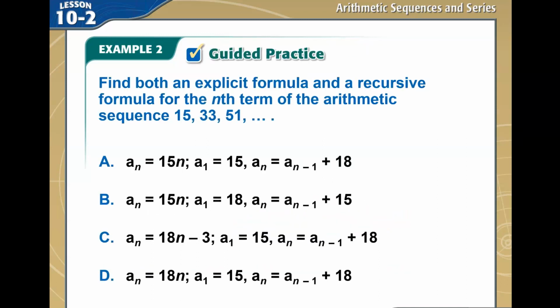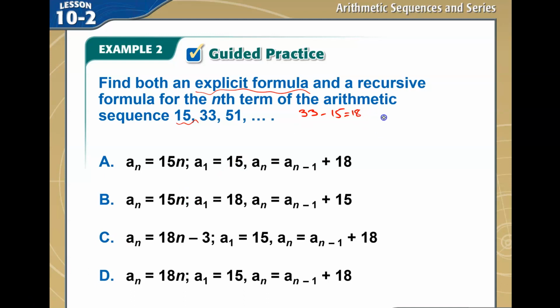Now here is the practice question. You will figure out what you are going to do to find the recursive and explicit formula. Again, for the explicit formula, first find the a1 term. A1 is right here. Now the common difference is 33 minus 15, which is 18, right?